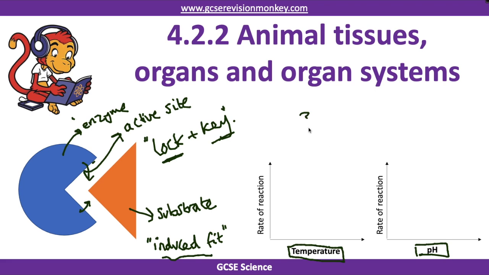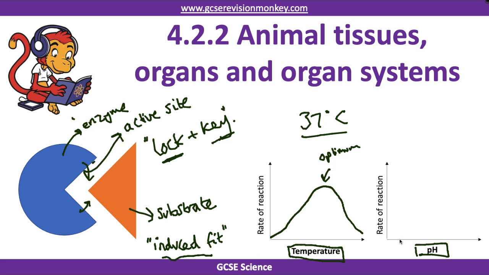Temperature inside the body is maintained at 37 degrees C. So what you'll see with enzyme activity is a graph that shows that as temperature increases, the rate of a reaction increases. There'll be an optimal temperature and then it will drop off. So optimum means best, and inside the body the enzymes will work best at around 37 degrees C because that's the temperature inside the body.